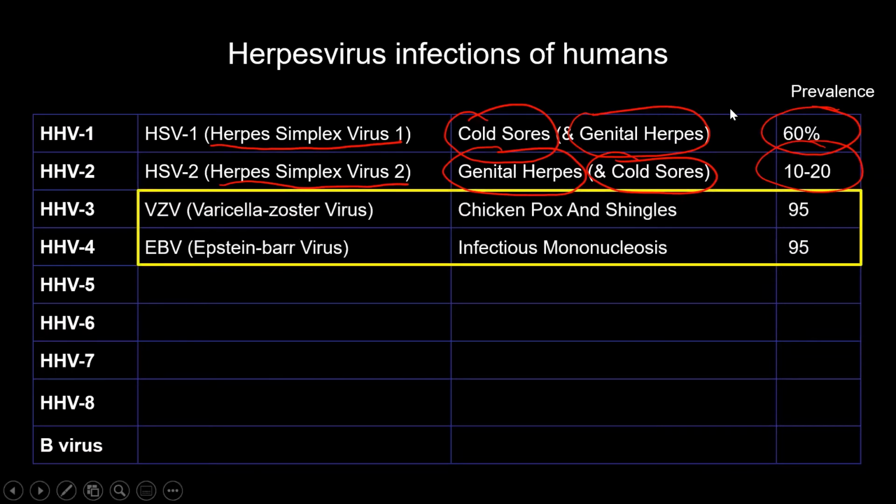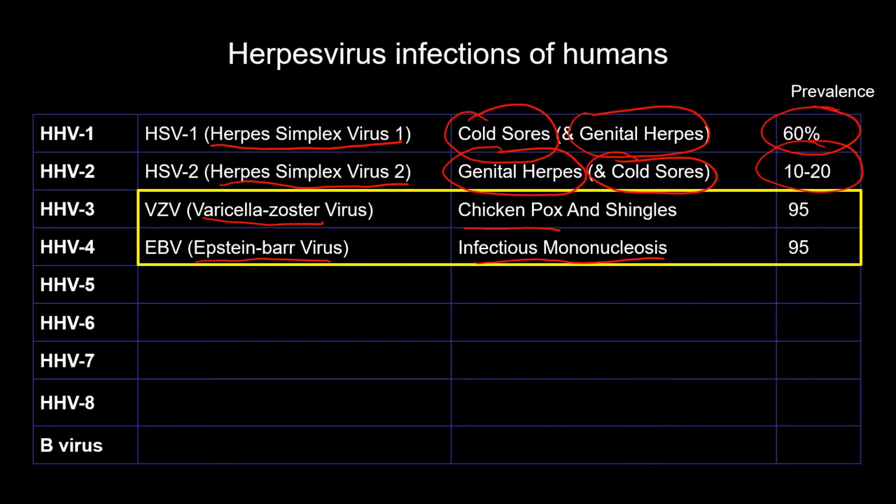What about human herpes virus 3 and 4? These actually have their own fancy names: varicella virus and Epstein-Barr virus, medical names you don't necessarily know unless you know a lot about viruses, like me. These cause things like chickenpox and infectious mononucleosis.